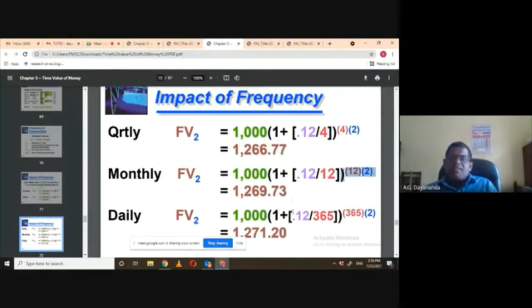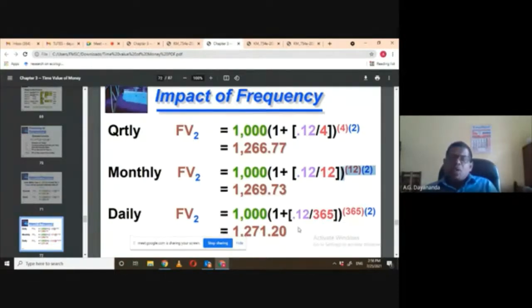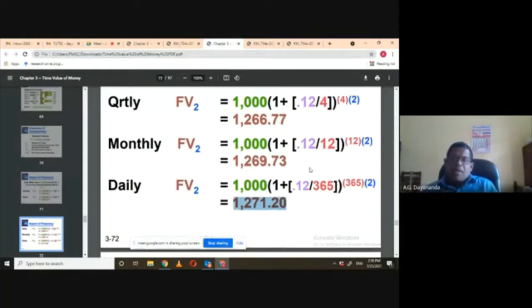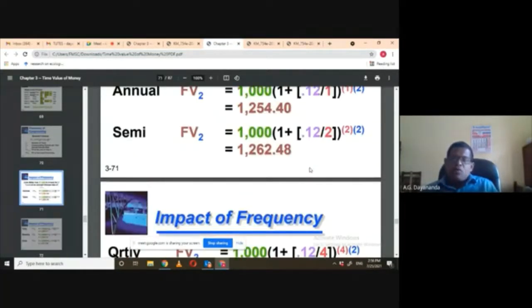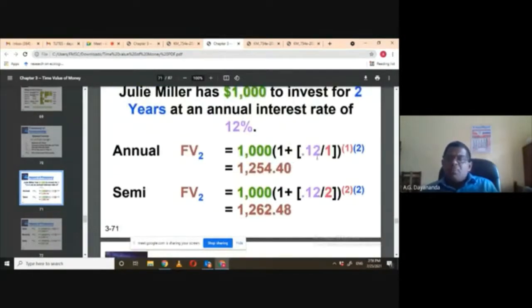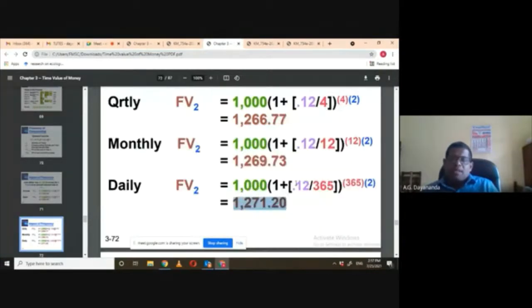Daily compounding is the best option. So we will invest here, even though the interest rate is common for all the banks, because frequency is important. So when you have the frequency, you divide to get the particular period's interest and apply it for the number of compounding periods. I think that is very clear.